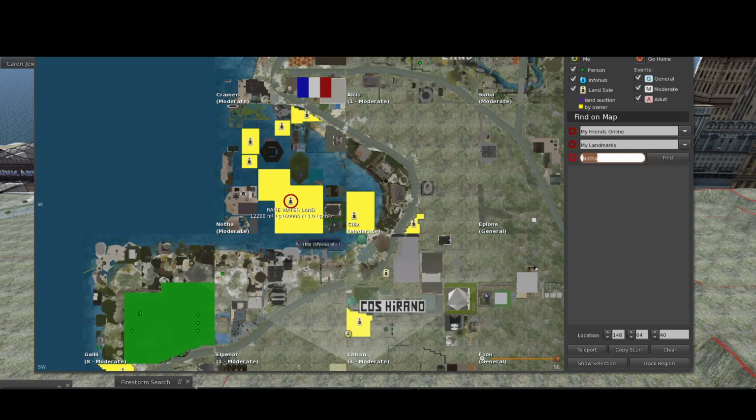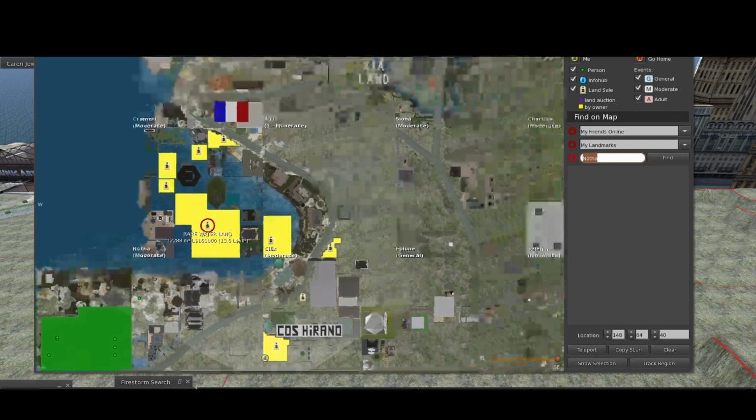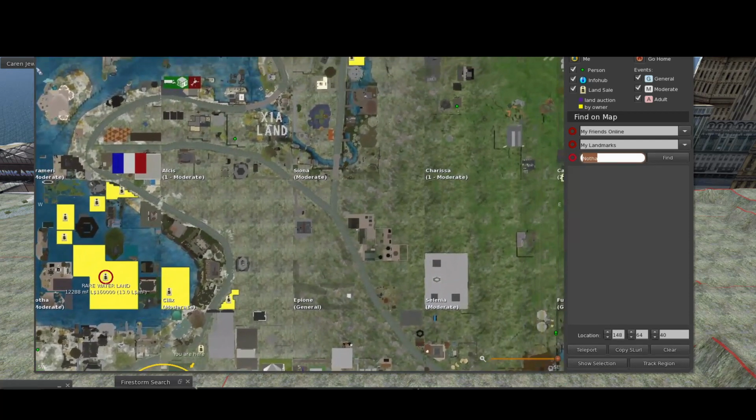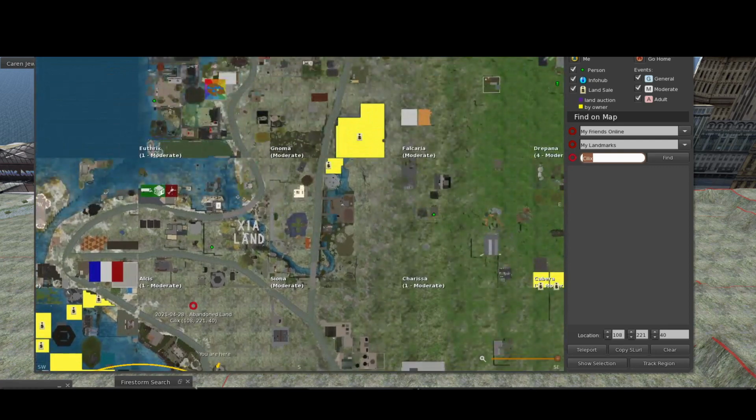Now that is huge. Rare water land. As you can see, there's a lot of empty land here. Abandoned land. Well, let's talk about that really quickly, because I know you get the point. Yellow boxes are for sale. Be careful. Be careful.